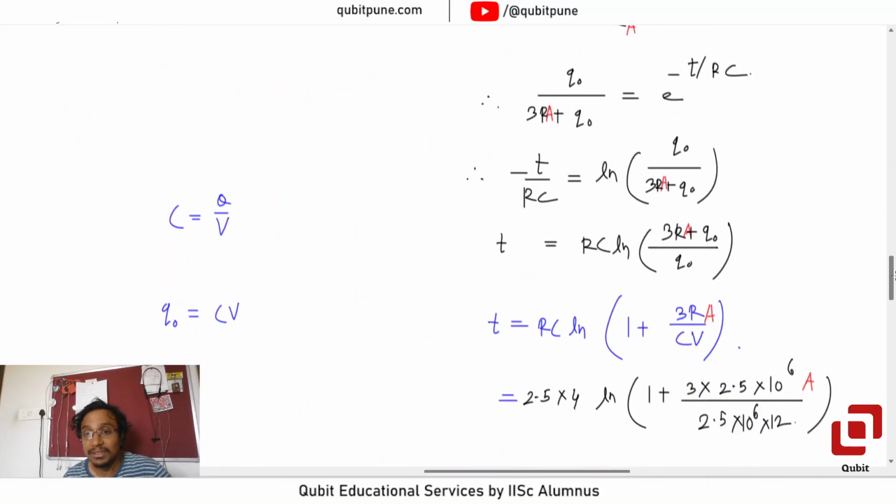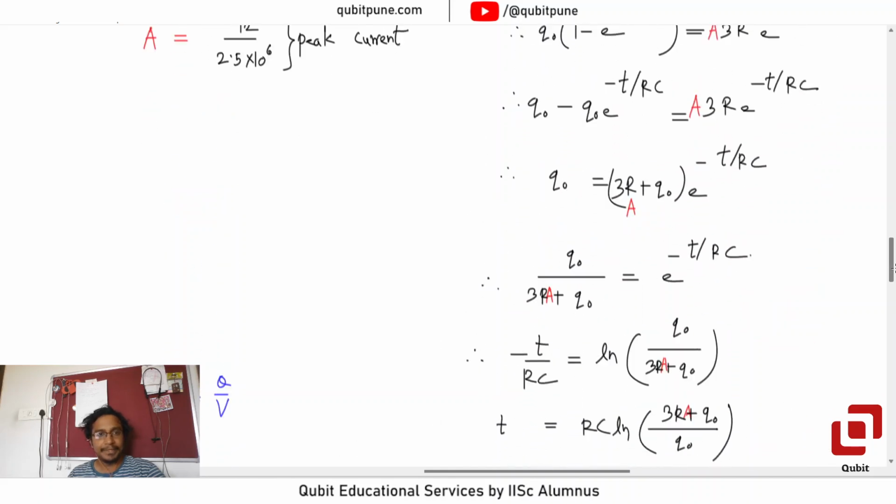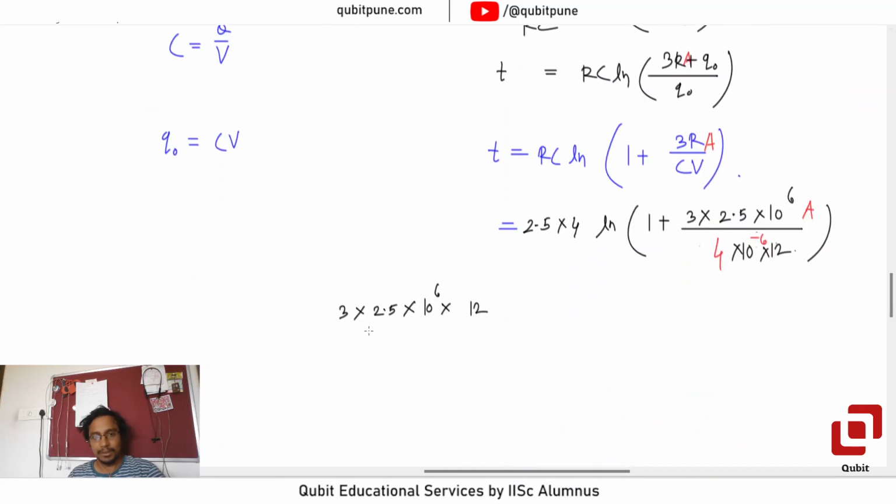Okay, capacitor is 4. Capacitor is 4, so this will be 4 into 10 raised to minus 6. Okay. To sabse pehle hum wo expression ka ye kar denge. 3 into 2.5 into 10 raised to 6 into A, 12 upon 2.5 into 10 raised to 6.